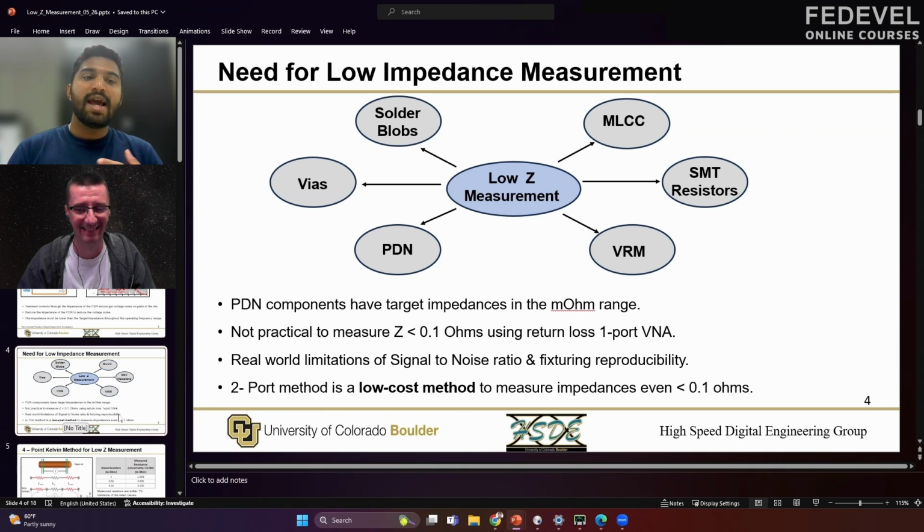Yes. So before we actually begin with the measurements, because this two-port technique using this SDR VNA is a new technique for us, and to be able to establish confidence in this technique, we should measure something that we already know the answer for. Okay. So we are going to start with measuring something as simple as an SMT, a surface mounted resistor.